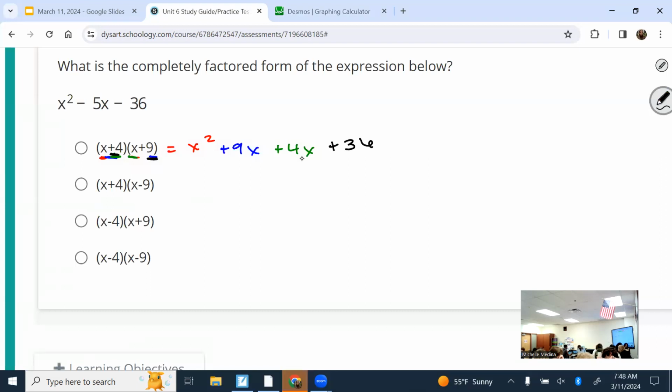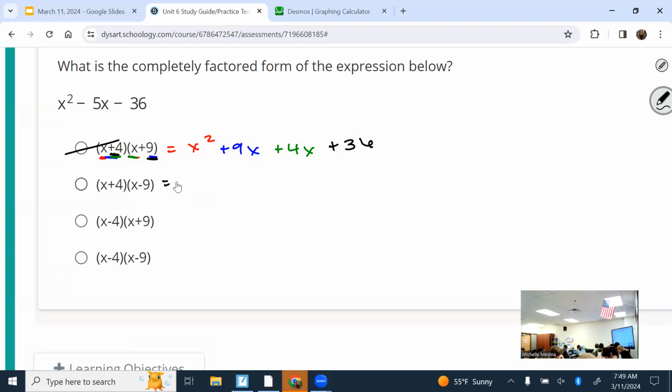I could combine like terms, but I'm already seeing, is it going to give me this as an answer? Not this one, because it has a positive 36. So even before I combine like terms, I know it's not going to be that one. And then you just multiply them all out until you get your right answer.